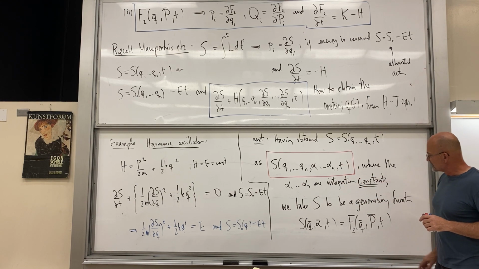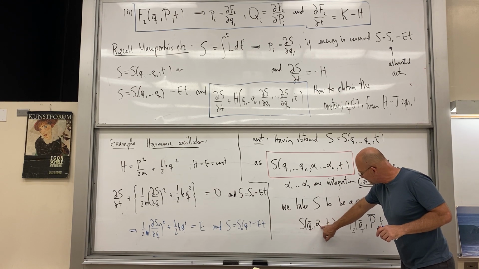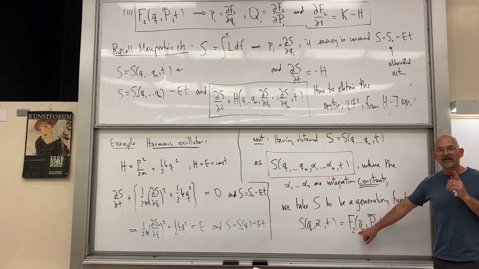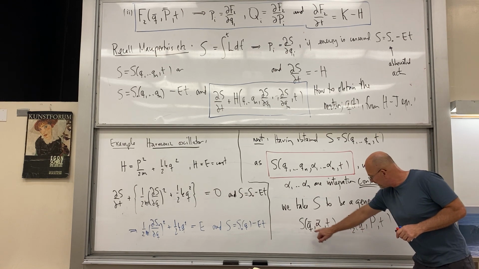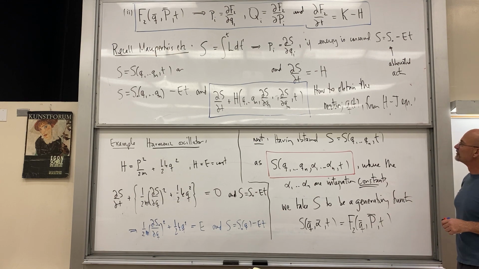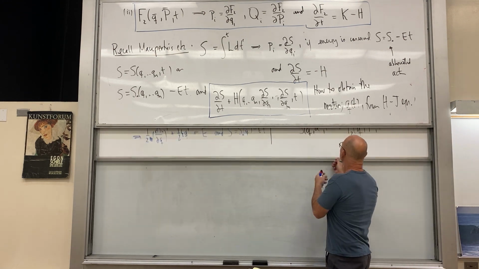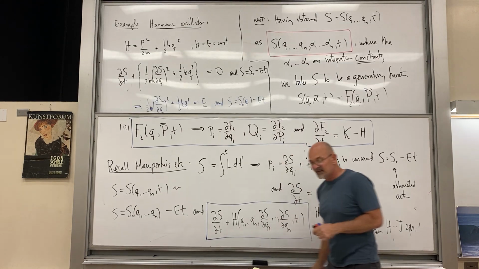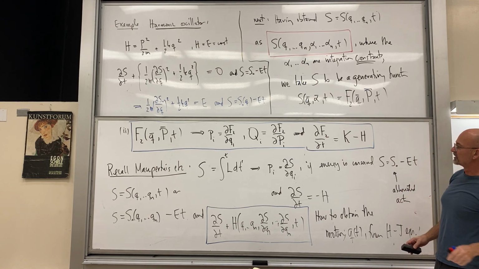This is a function of n variables here and these n integration constants and time, and we say, okay, that's the generating function of a canonical transformation of the q's, the new momenta, and the time. This is the key statement right here. This is a generating function.